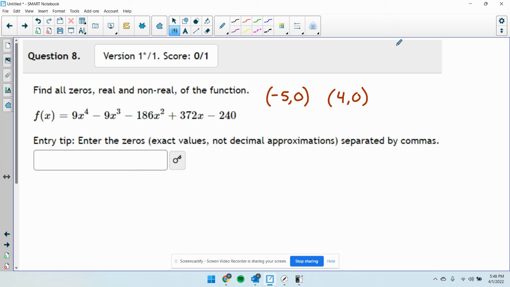0. So if these are my x-intercepts, that must mean that x plus 5 is a factor and x minus 4 is a factor. These are my factors. Okay, these are my zeros.